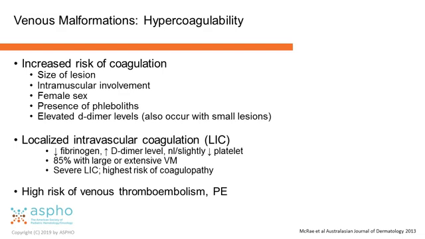This is termed localized intravascular coagulation, or LIC, and is associated with varying degrees of decreased fibrinogen levels, elevated D-dimer levels, and platelet counts in the normal to decreased range. LIC most commonly is seen in large or extensive venous malformations, and those with the most significant LIC have the highest risk of coagulopathy. These patients are at risk then of venous thromboembolism and pulmonary embolism, certainly if there was a connection with the deep venous system.